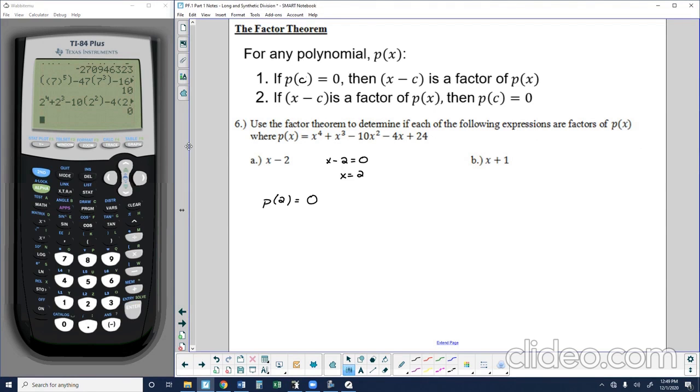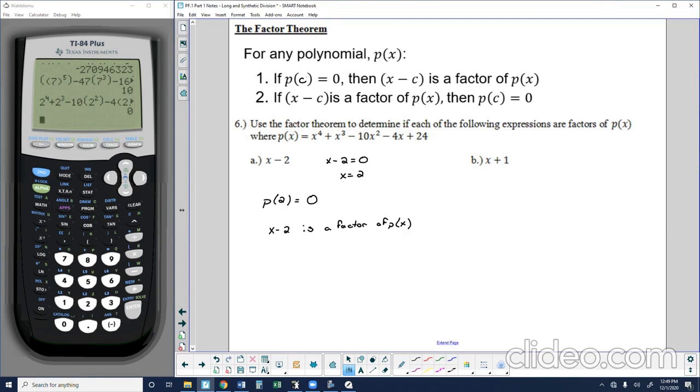So p of c, or p of 2, is equal to 0, which means x minus c, or x minus 2, is a factor of p of x.